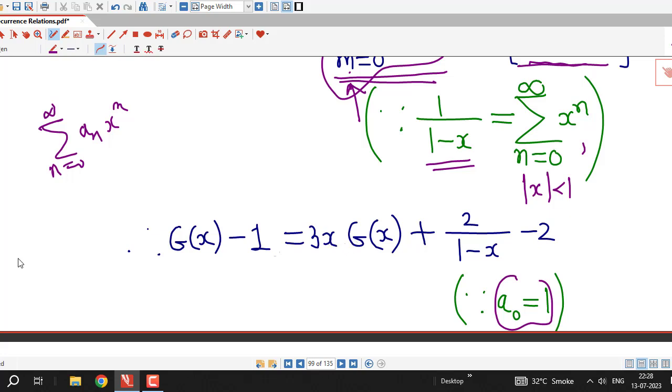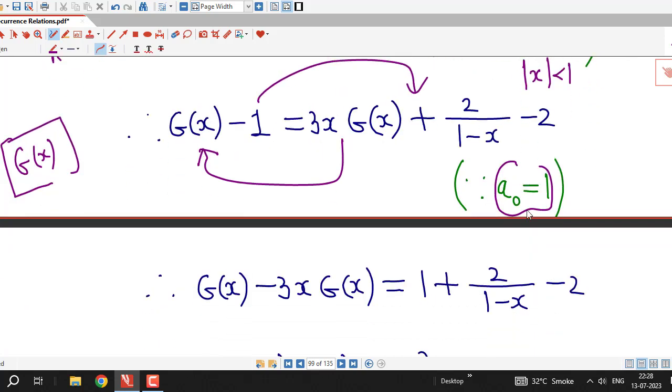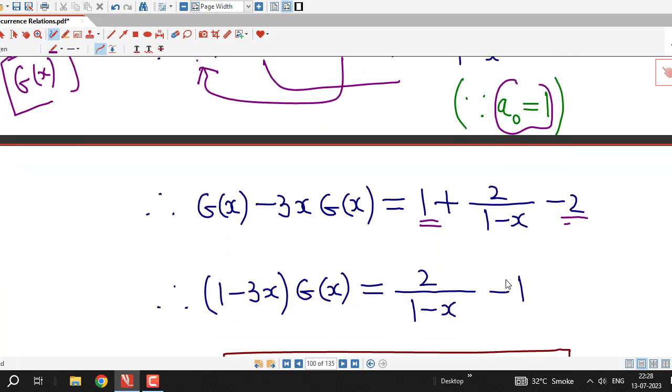Now we are interested in the formula of the generating function g(x) in terms of x. So in the next step we will transfer this to the left hand side and 1 will be transferred to the right hand side, and we have g(x) minus 3x g(x) equal to 1 plus 2 over 1 minus x minus 2, and this is 1 minus 2, minus 1 plus 2 over 1 minus x.